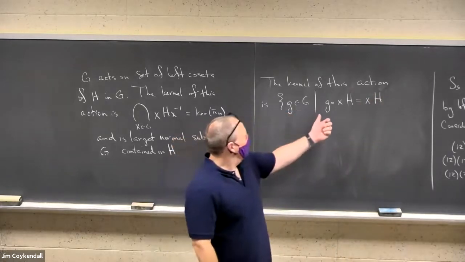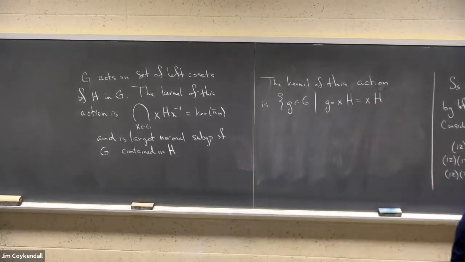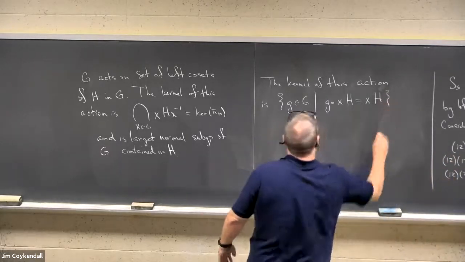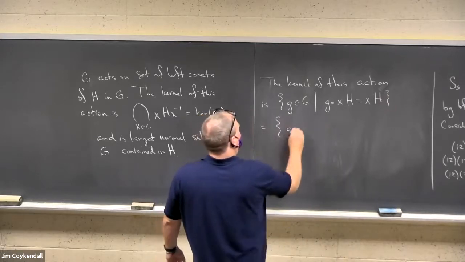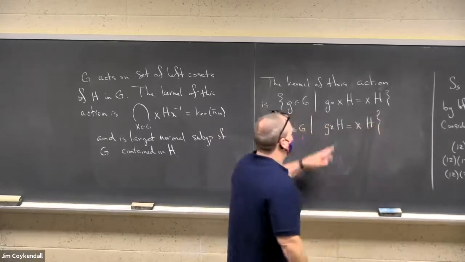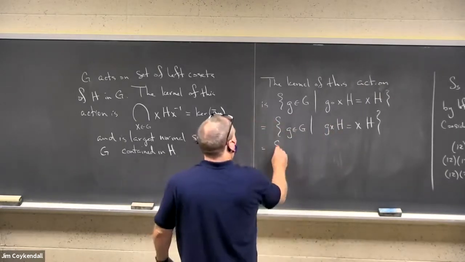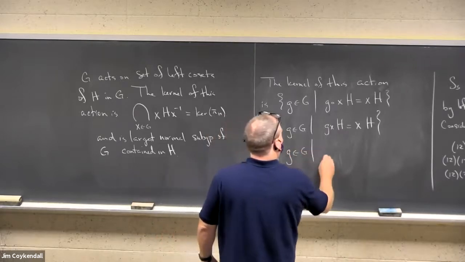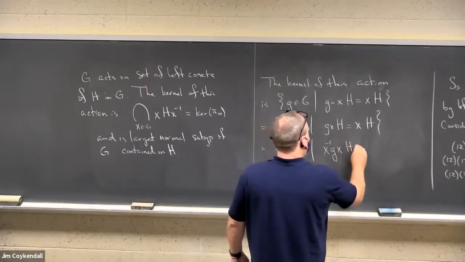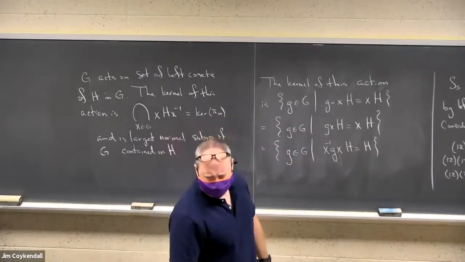The kernel of the action is everything in G that, when it acts on any of these left cosets, fixes it. There's not much to this step here. I'll just replace g acting on xH with what it is. My action is just translation. This is the set of g in G such that g x H equals x H. Everybody okay with that?